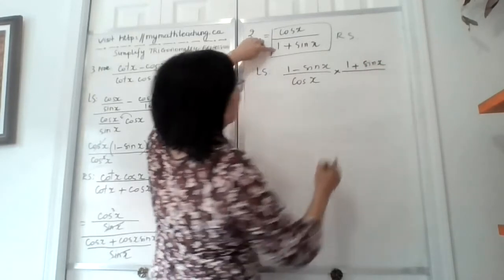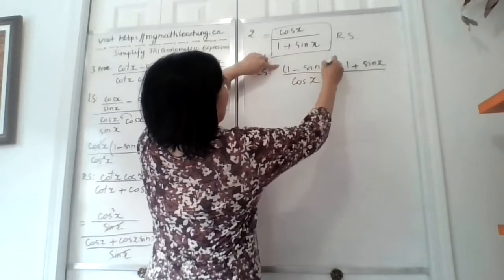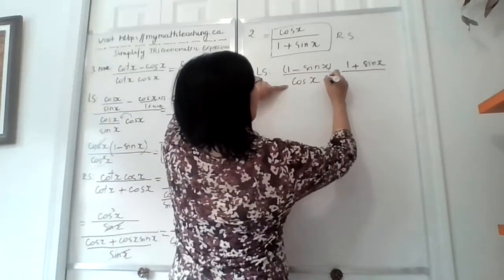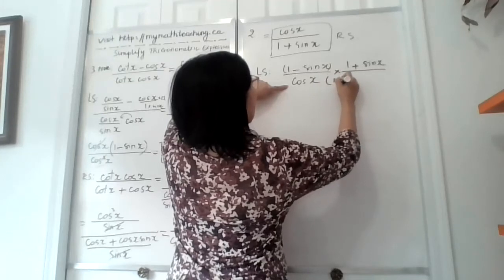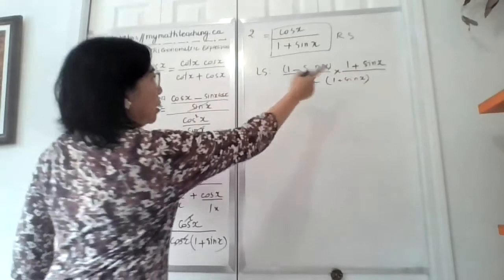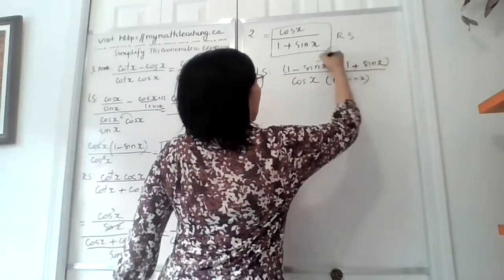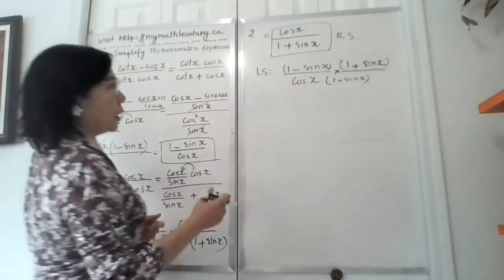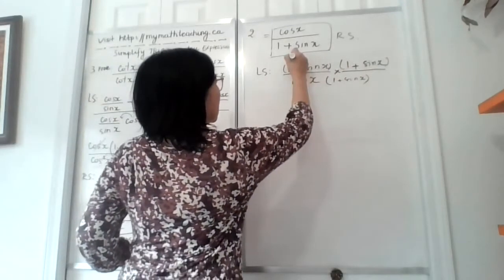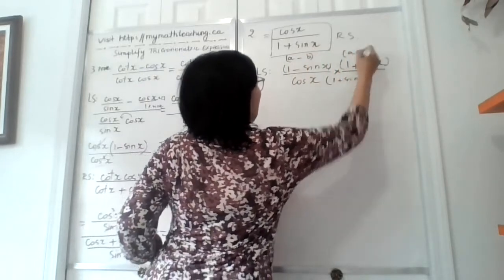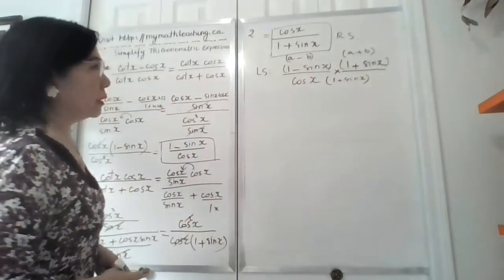And of course, if I do that to the top, then the bottom I have to do the same, which is times 1 plus sine x. So now, the top, I have 2 brackets. And when it looks like 2 brackets, I can turn it into a minus b times a plus b. That's the pattern.